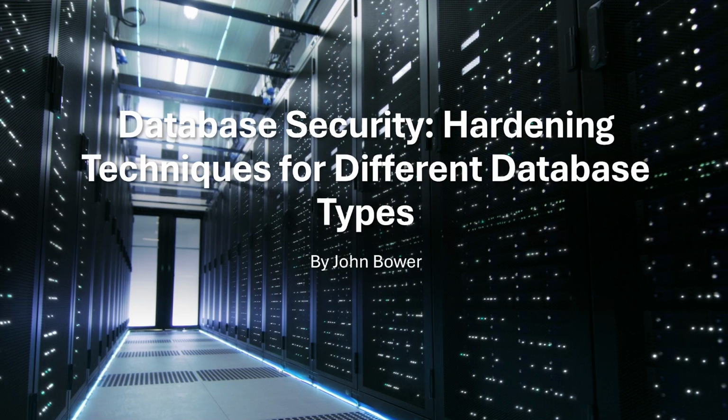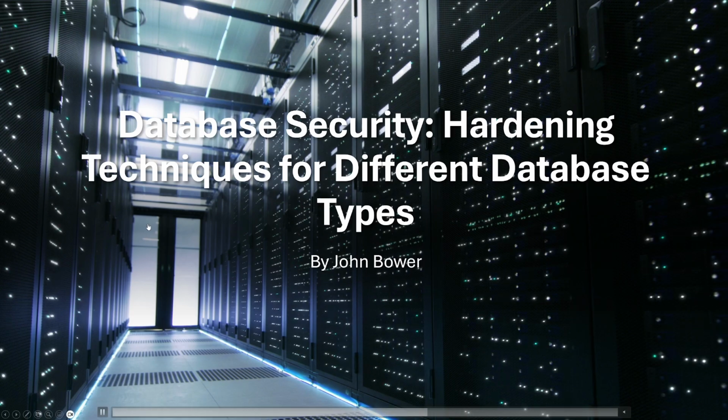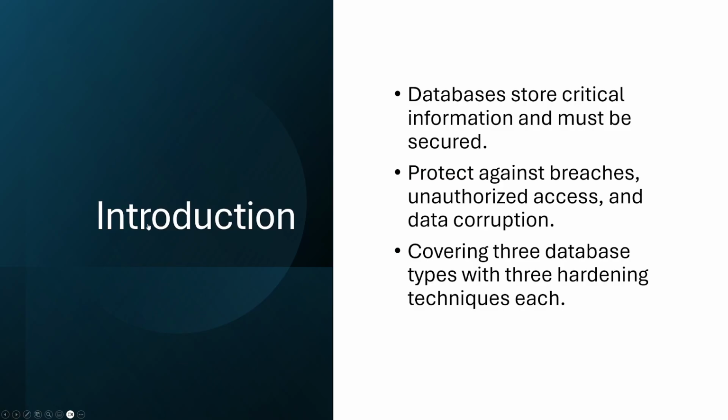Database security hardening techniques for different types of databases. Introduction. Databases store crucial information that must be secured. An example is, say you run your programming system on a database so that you can store that, or you could talk about information like how things are secured.